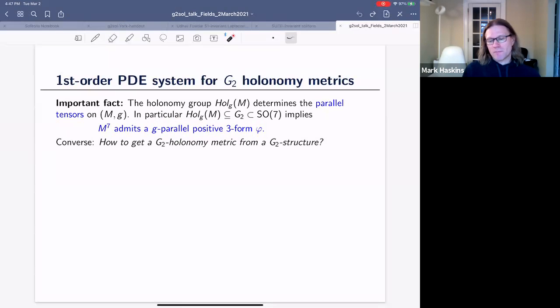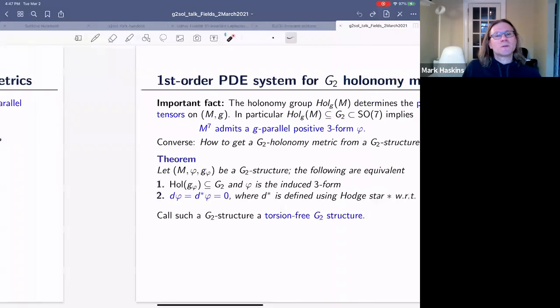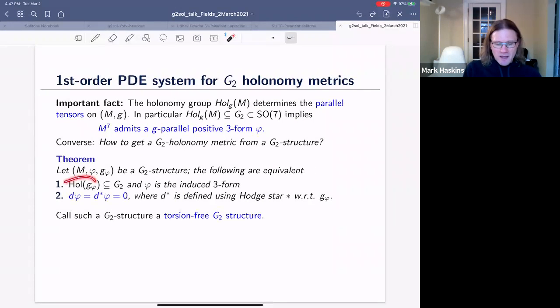So if I start with a G2 structure, then I've got an induced metric because G2 is a subgroup of SO(7), but then I want to write out the condition that the induced metric have holonomy contained in G2. Well, we know the form must be parallel, so if the holonomy is contained in G2, then it certainly must be closed and co-closed.